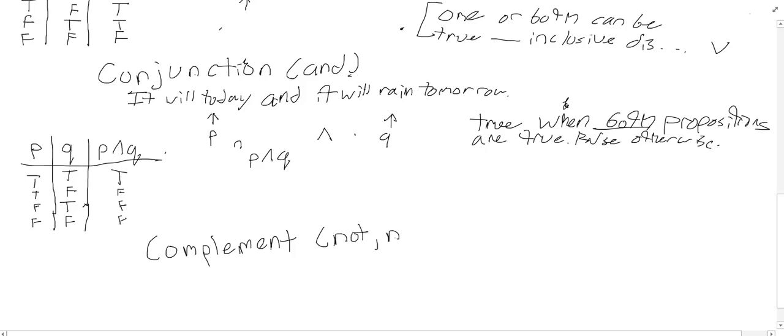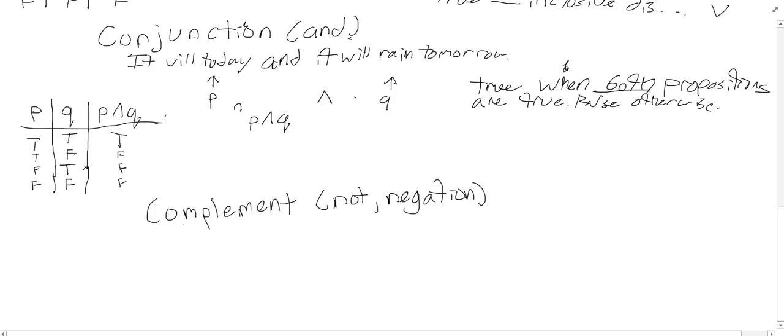Or you'll also see it called negation. So here we have it will not rain today. We have our statement, it will rain today, P, and we have our connective, not.